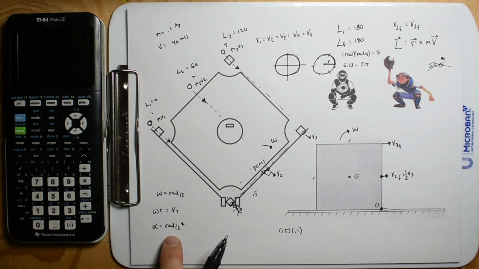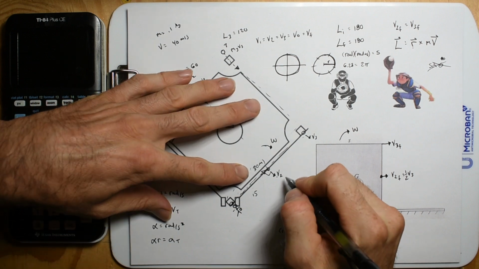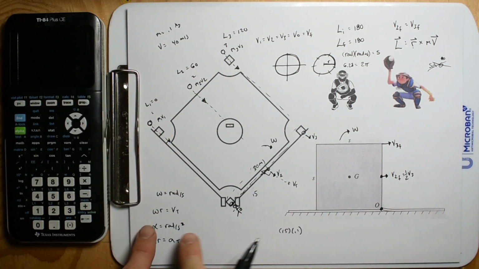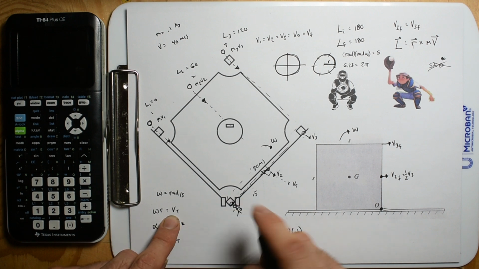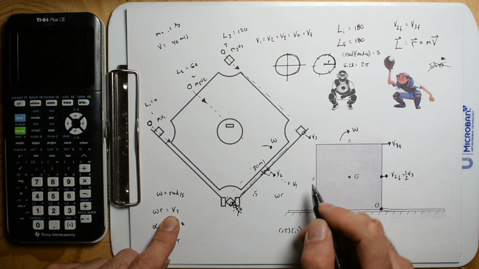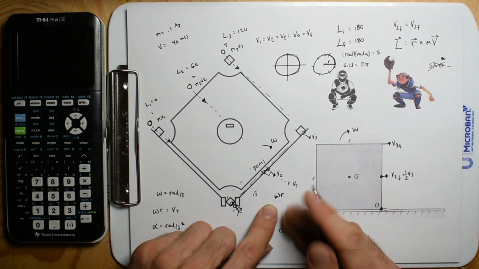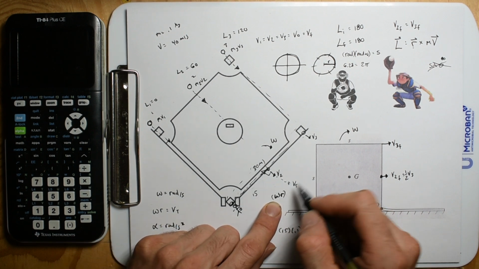Same thing: radians times radius is something normal. That's just tangential acceleration. That's the only way I can keep that straight. So if we wanted to find the tangential velocity here, that's going to be omega r.